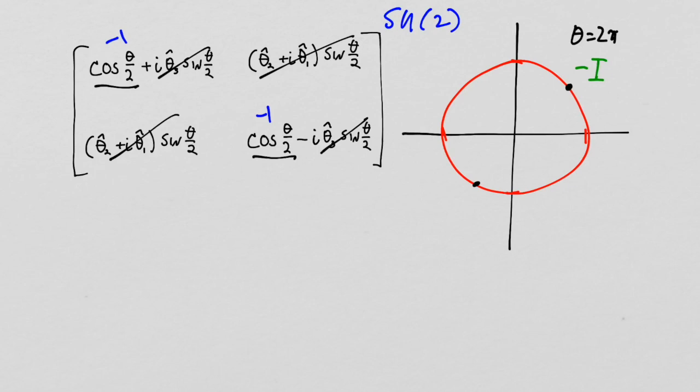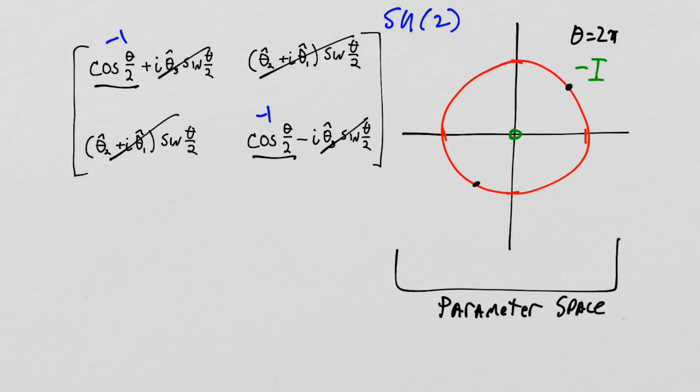Now, there's another thing we should cover before we move on, that has to do with the way we talk about all this. This material here, what I've been calling the parameter space, you can also think of as walking around the Lie algebra. This is actually the Lie algebra.